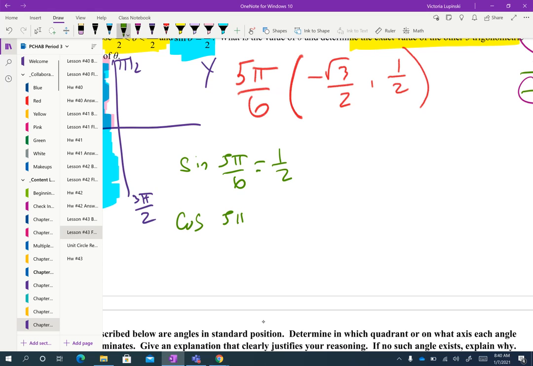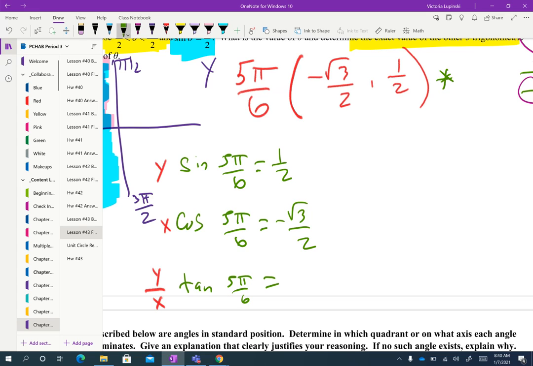Then I want to find the cosine of 5 pi over 6, and the tangent of 5 pi over 6. To do that, all I need is this ordered pair. Remember, by definition on the unit circle, the sine is the y value, the cosine is the x value, and the tangent is y over x. Looking at the ordered pair, the x value is simply negative root 3 over 2.